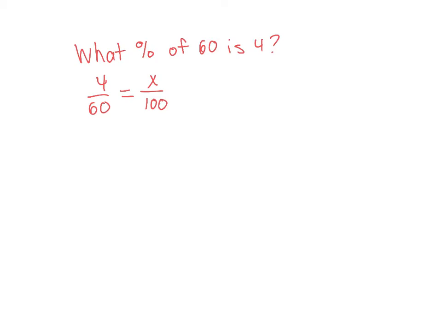And then I can cross multiply again. So I end up with 400 equals 60x. If I divide, I'm going to end up with x is equal to about 6.67%. You get 6.6 repeating. So I just went ahead and rounded that.